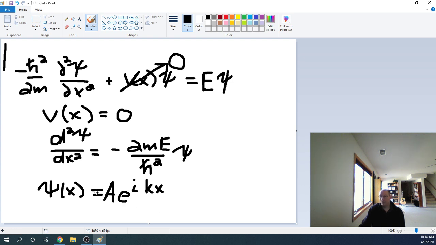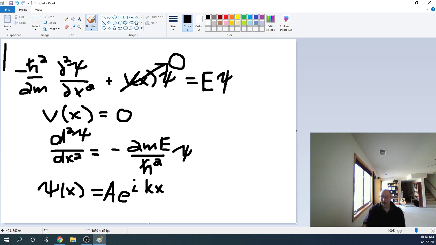Now if I look at this and imagine I was going to take the second derivative of this function, what would I get? If I take the first derivative, I get just i times k times A times e to the ikx again, because that's what exponentials do. Now take the derivative again, and I would get another factor of i times k out in front.